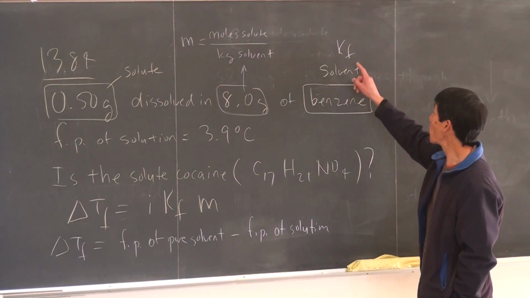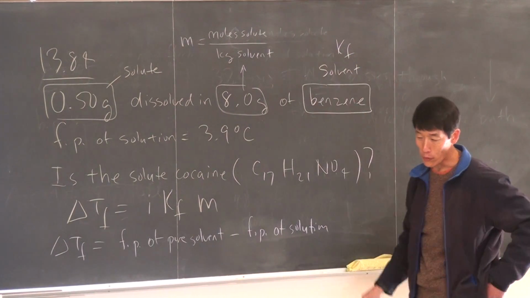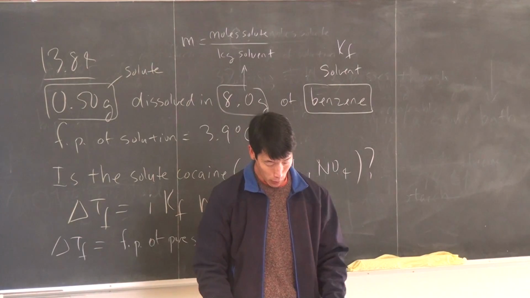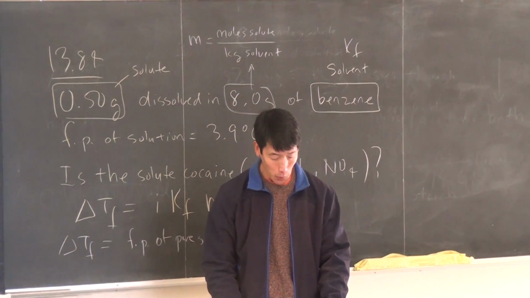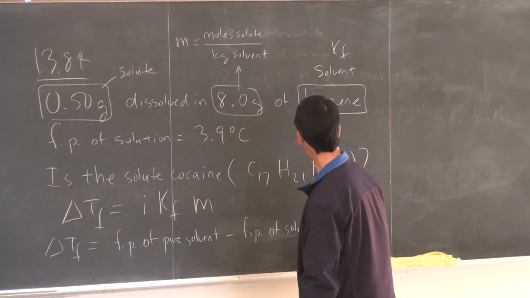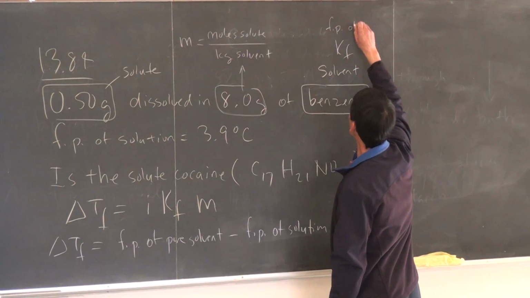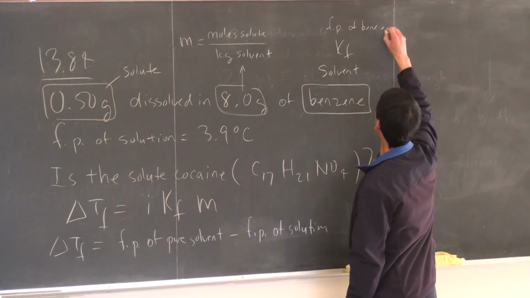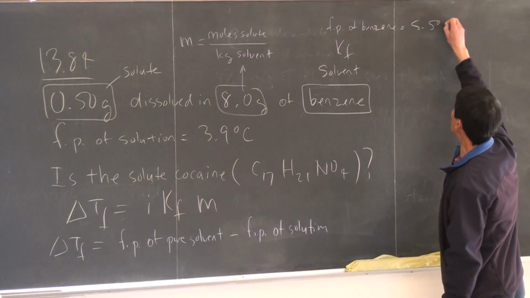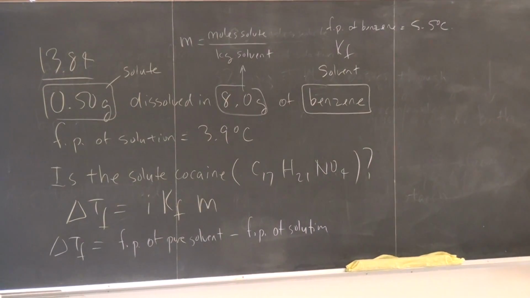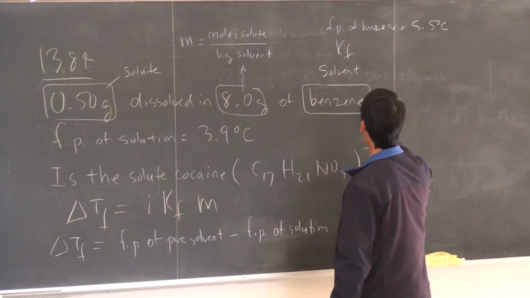We can look that up in table 13.2, where we also find KF. Table 13.2 is on page 450. The freezing point of benzene is 5.5 degrees, and the KF for benzene is 5.12.